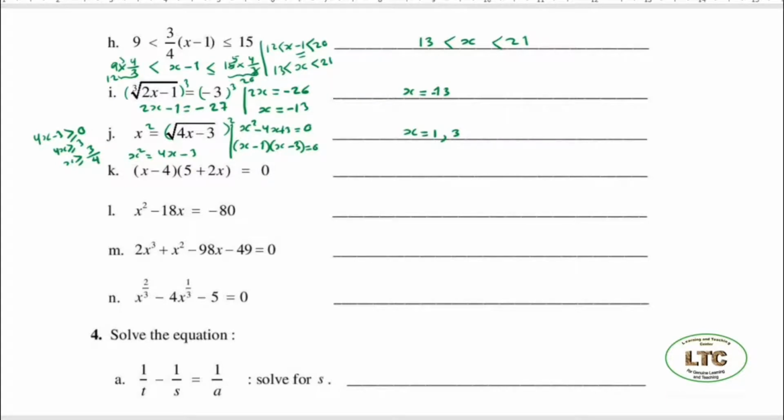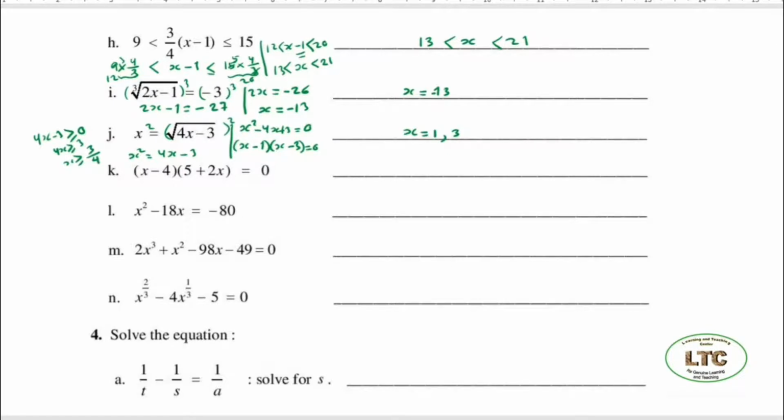If you want to actually check, put 1 here, 4 times 1 is 4, 4 minus 3 is 1, square root of 1 is 1, and here x is 1, on the left and right, the same. If you put 3 in x, you get 4 times 3 is 12, 12 minus 3 is 9, square root of 9 is 3, on the left x is 3, the same.